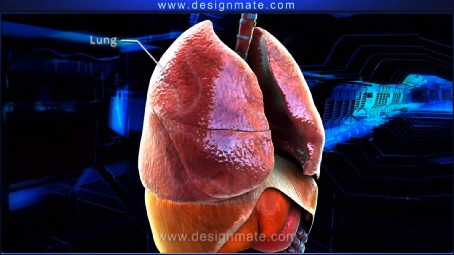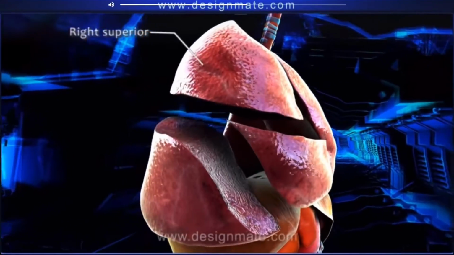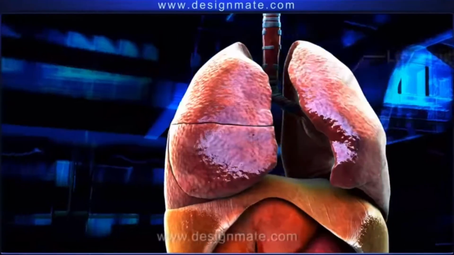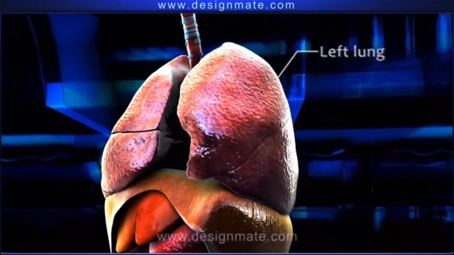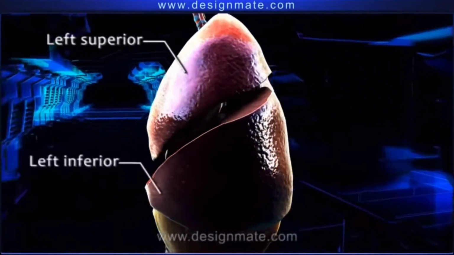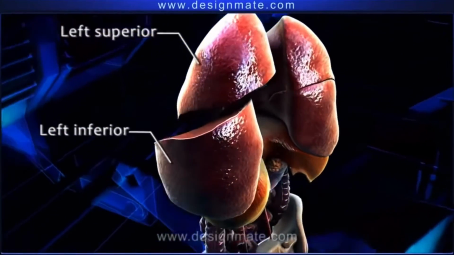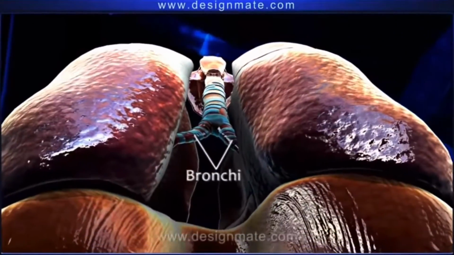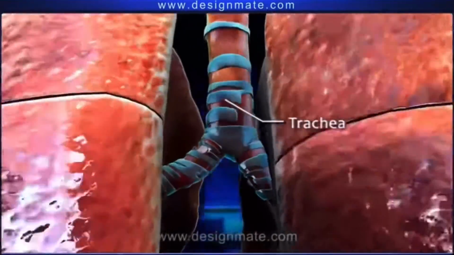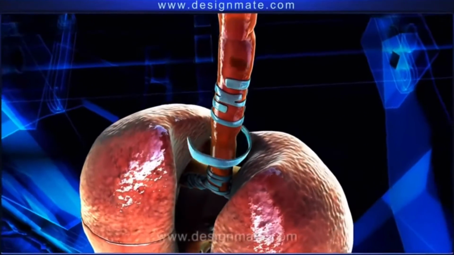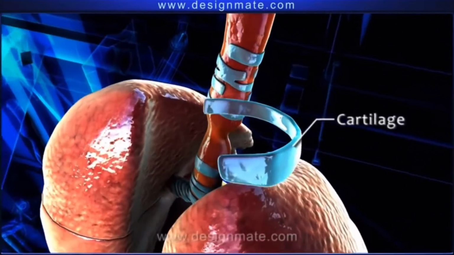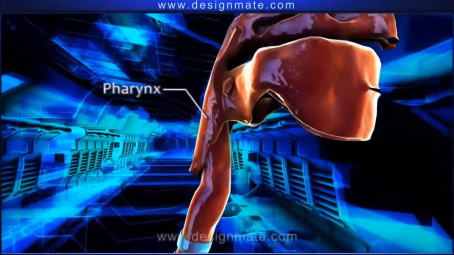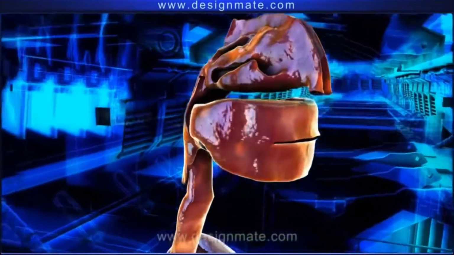The right lung is divided into three lobes: the right superior, right middle, and the right inferior lobe. The left lung is smaller and has only two lobes: the left superior and the left inferior lobe. Both the lungs are associated externally with small tubular bronchi which unite and extend into the trachea. The trachea has incomplete C-shaped rings of cartilage which prevent the tracheal wall from collapsing. The trachea leads into the pharynx, which is connected to the nostrils.